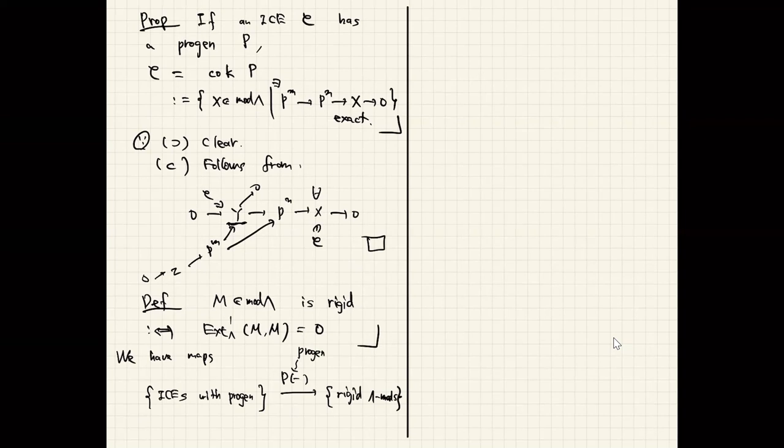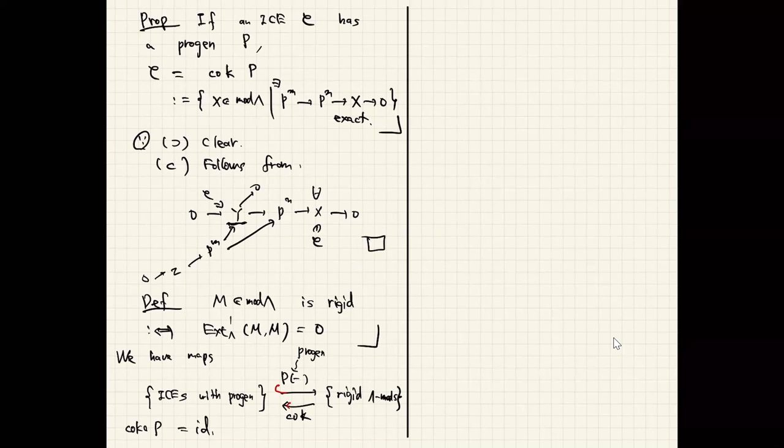And the above proposition says that by considering the cokernel operator, we have the composition of this is identity. So this map is actually injective and this is surjective.